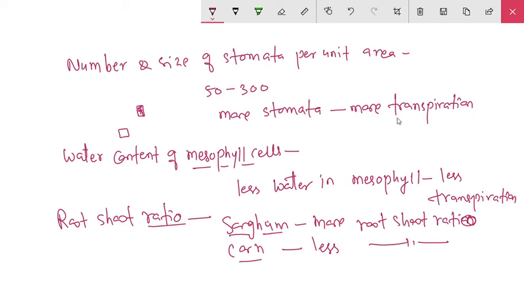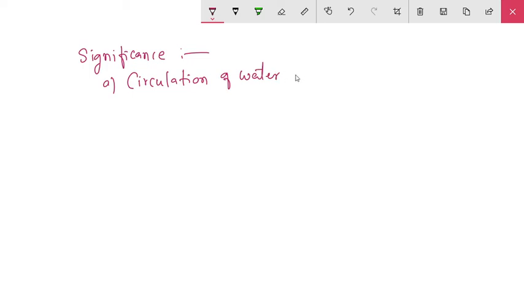The significance of the transpiration. So the first significance is the circulation of water in the plant. Okay.